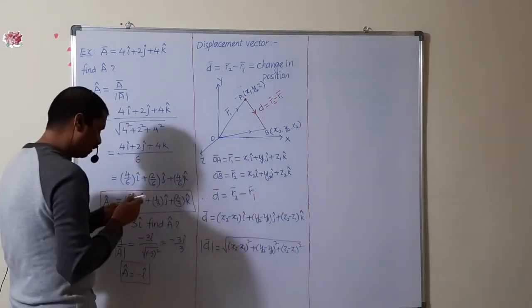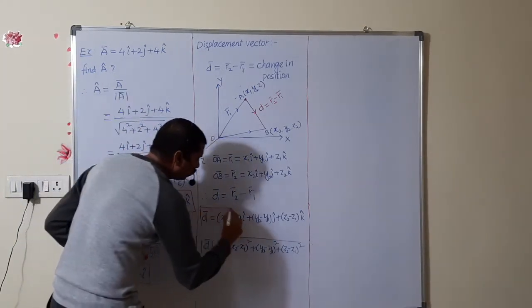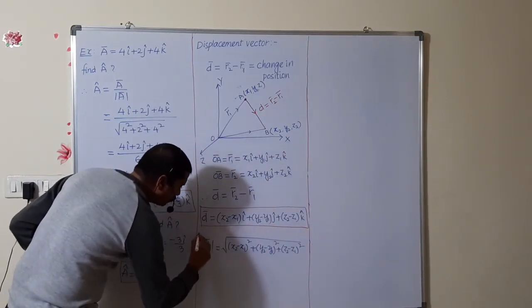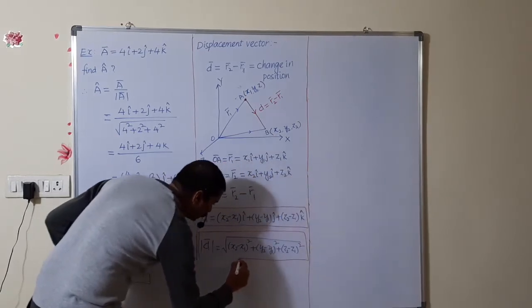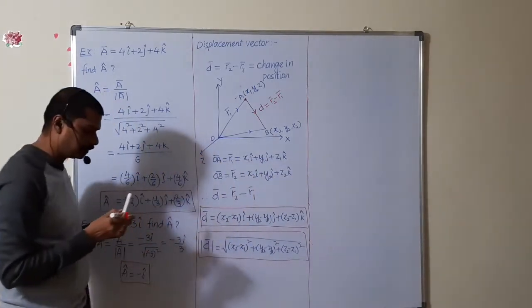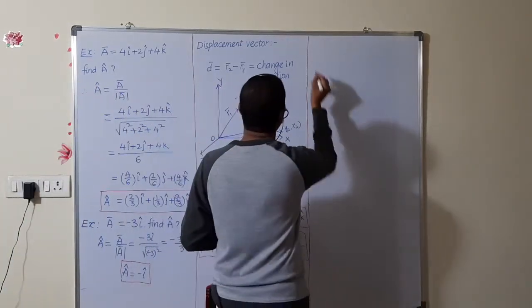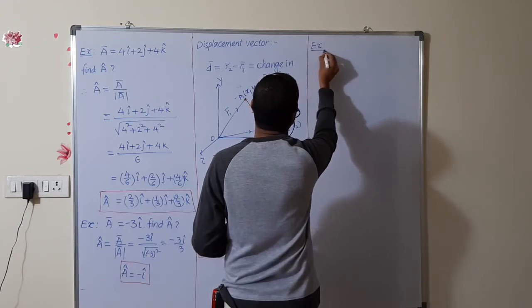This is the magnitude. This is a position vector and this is the displacement vector. This is the magnitude of the displacement vector. Based on this we will also solve one sum, then you can understand how we have to use it.